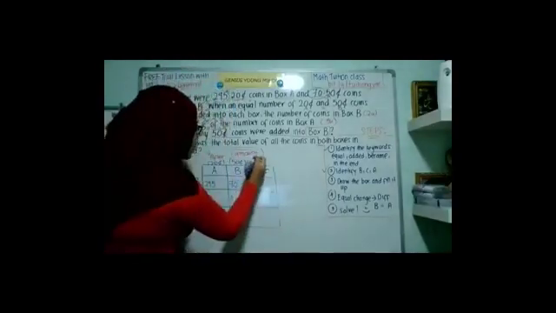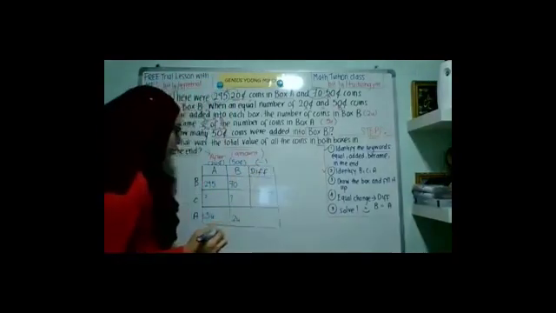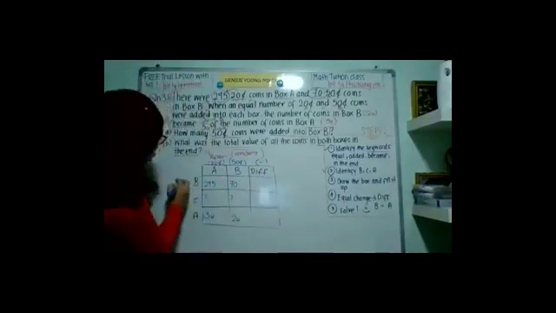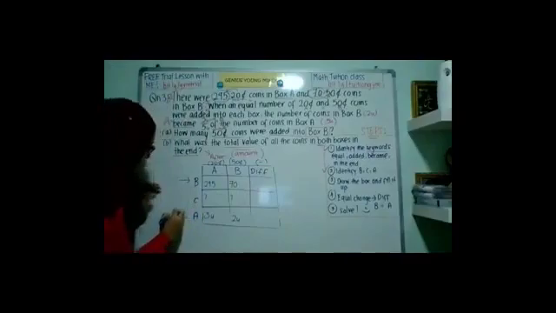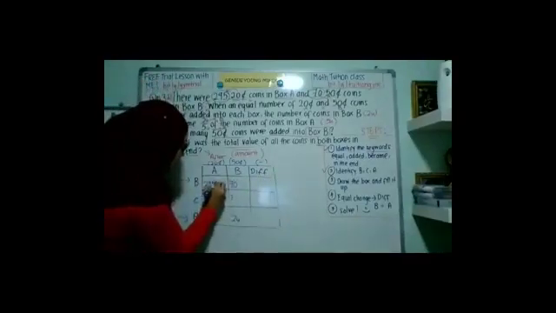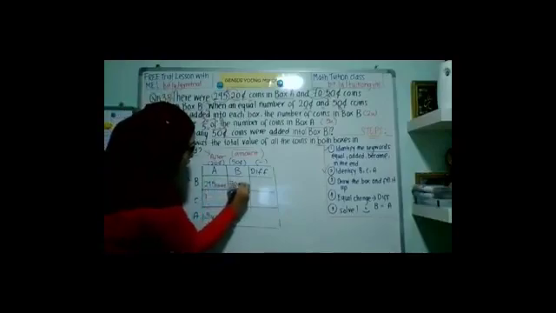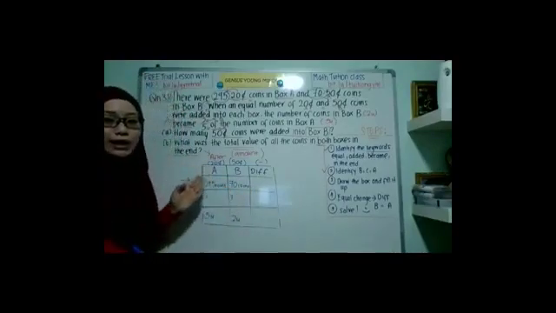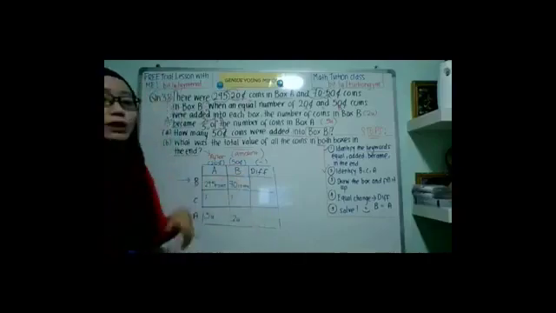Okay, then let's move on to difference. Difference means I minus. What can I minus? Always look at the before and the after row. Look at the before row. Can I minus the number of coins? This is coins, in case you do not know. Can I minus the number of coins between box A and box B? Yes, I can, to find the difference.